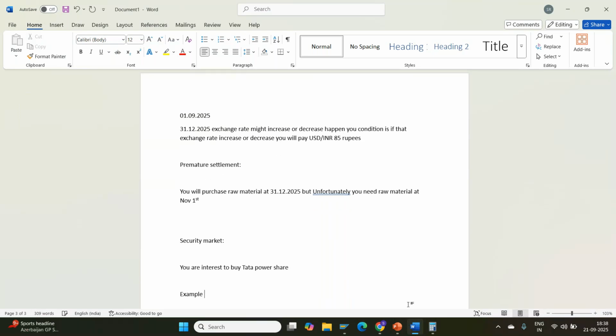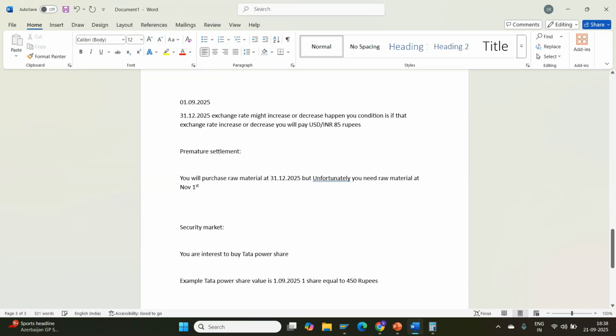Tata Power share value on first September 2025: one share equals 450 rupees. Tata Power share value on 30 September 2025: one share equals 500 rupees.